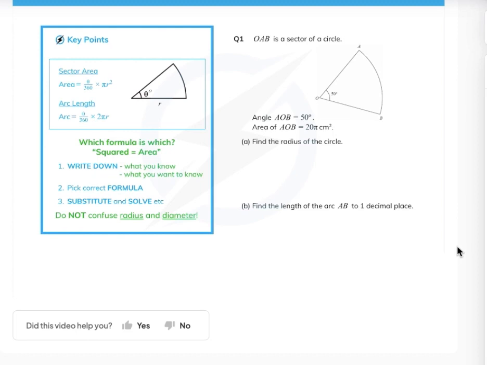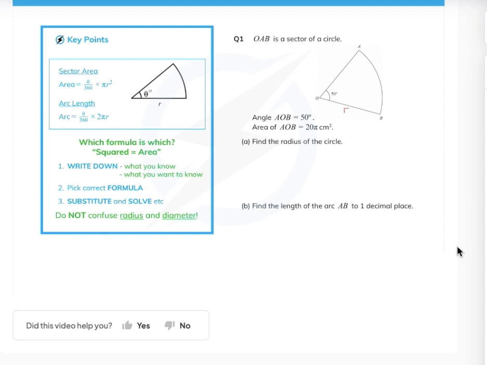OAB is a sector of a circle, and the angle at the centre of that sector is 50 degrees, and we're told that the area of AOB is 20 pi square centimetres, and we're asked to find the radius. So that's the radius there, OB, or indeed OA.